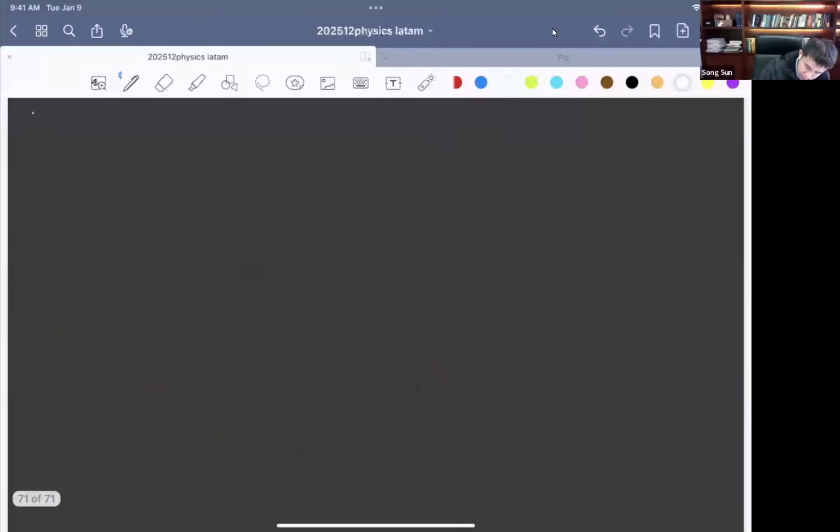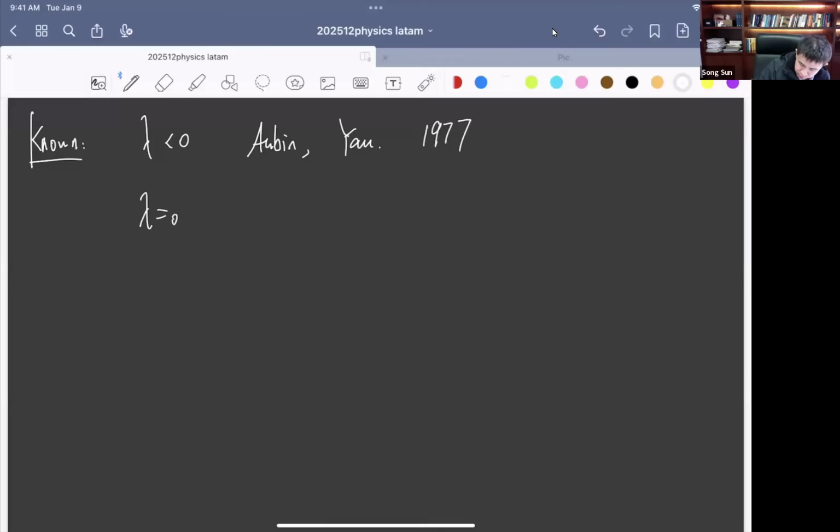So, known: when lambda is negative, this is a result of Aubin and Yau, 1970s, 77 or something. And lambda equals 0 is Yau's solution to the Calabi conjecture. This is Ricci flat, the so-called Calabi-Yau metric.